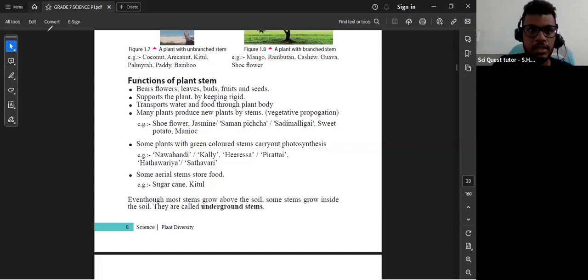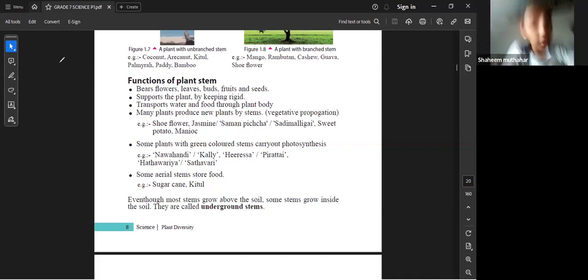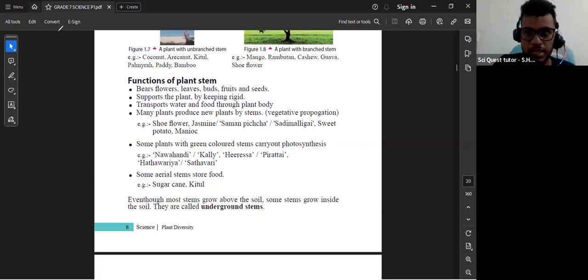Shahim, you're muted, dear. It grows new stems. Okay, it grows new stems. Right, good. Now, let's go with Shahim. You can read the second function.